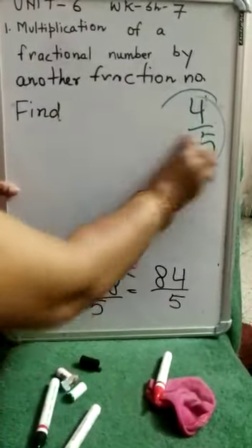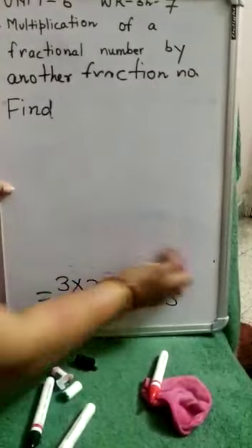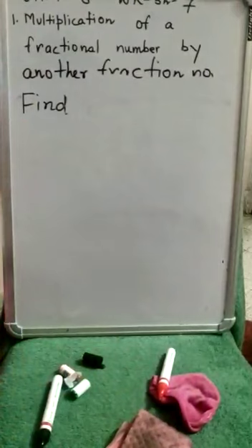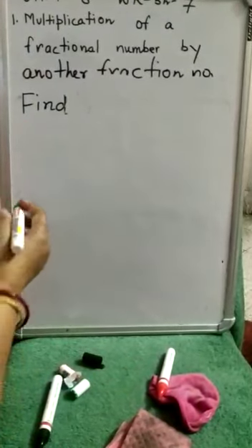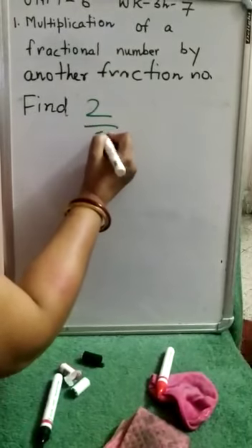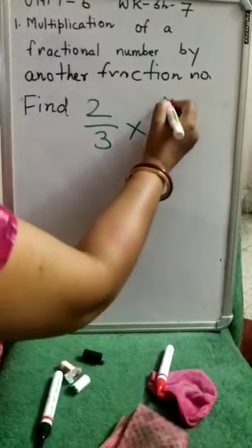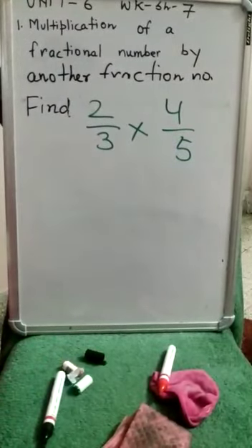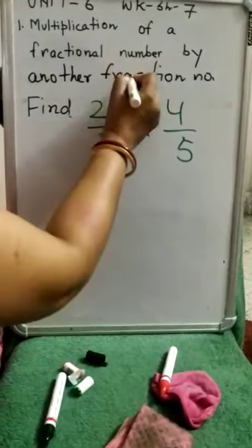Okay children, now let us discuss few more examples. Now come to worksheet number 7. Here question is, multiply the following fractional numbers 2 by 3 multiplied by 4 by 5 according to the method of the multiplication of a fraction number by another fractional number.